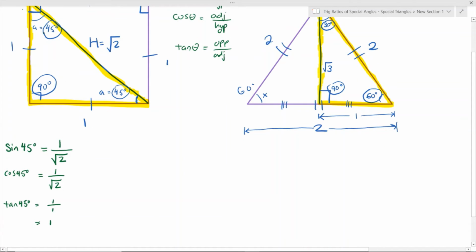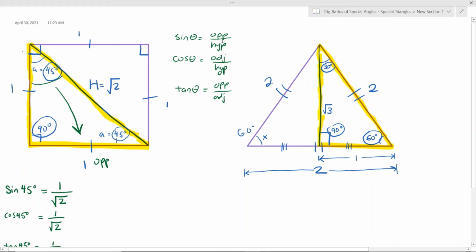A common question I also get is, well, this angle is also 45 degrees too. What if we apply the trig ratios from this angle? Okay, well, let's try sine. So sine 45 degrees, looking at this angle right here, this side is the opposite, right? And for sine, we need to find opposite over hypotenuse.